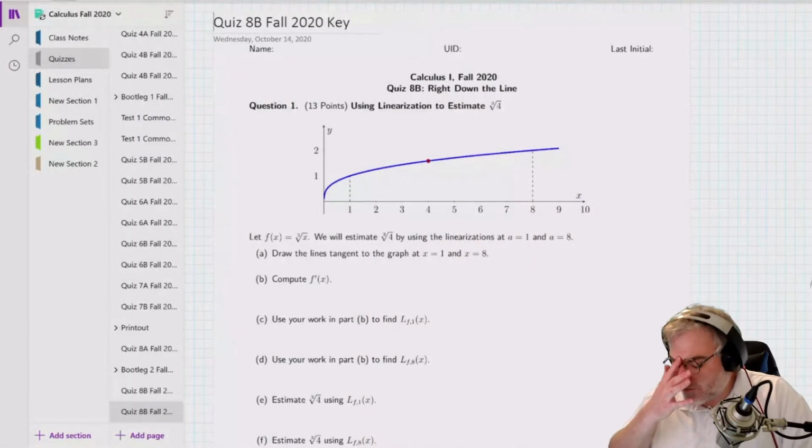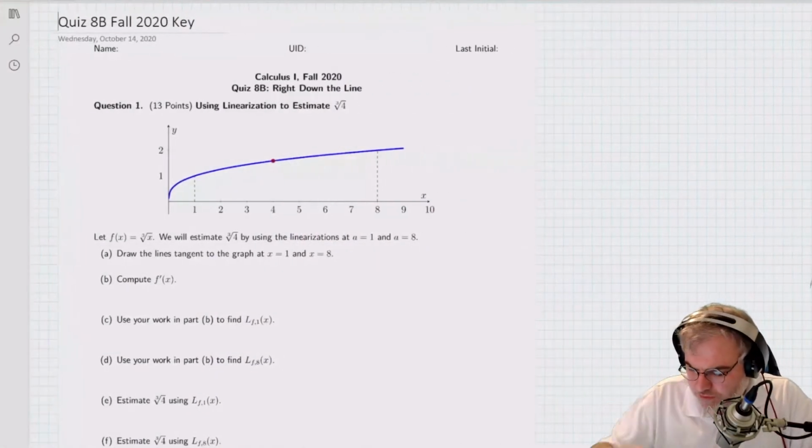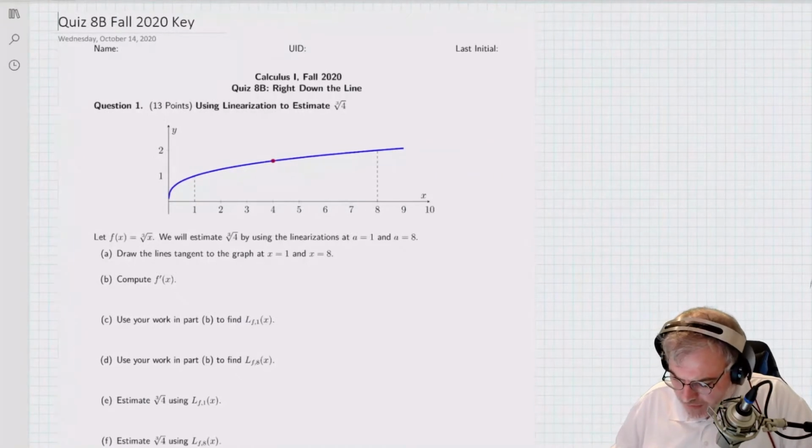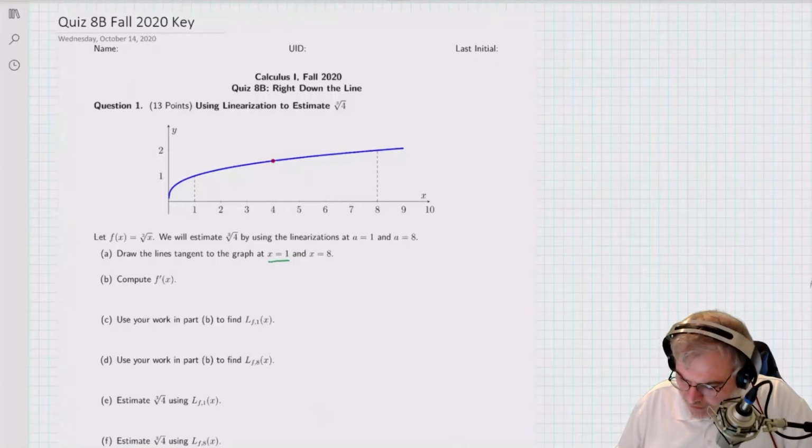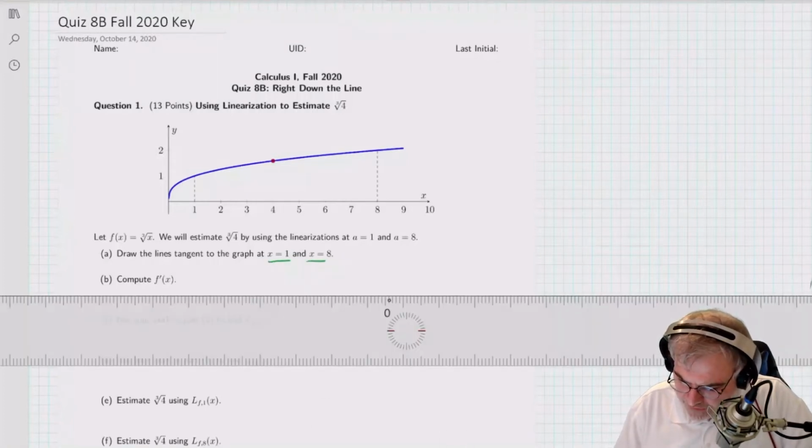Okay, so this first problem is asking, the first part, for the lines at x equals 1 and x equals 8. I've drawn the little things here. These lines are tangent to the curve at those particular points.